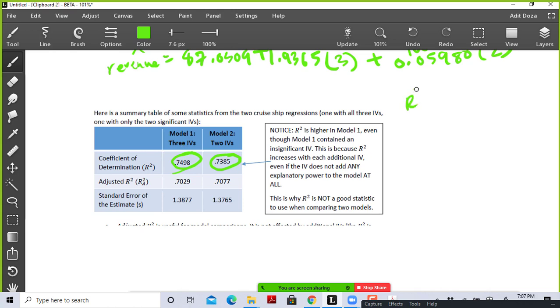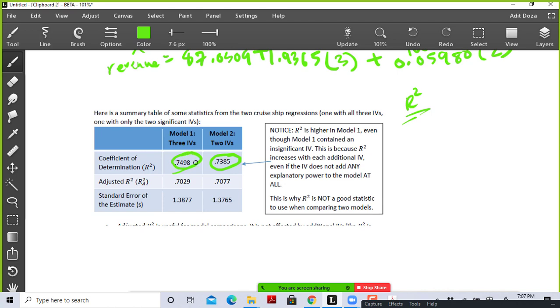What is R square? R square is basically the variation of x, the change in variation in x being explained by the change in variation in y, right? Or the change of the variation of the independent variable that is being explained by y, right?